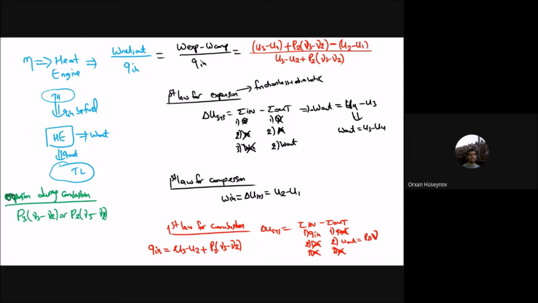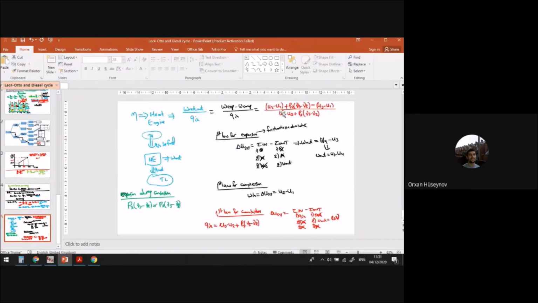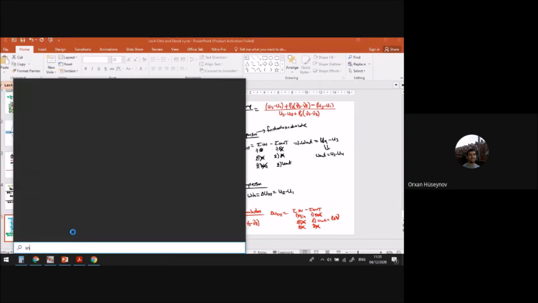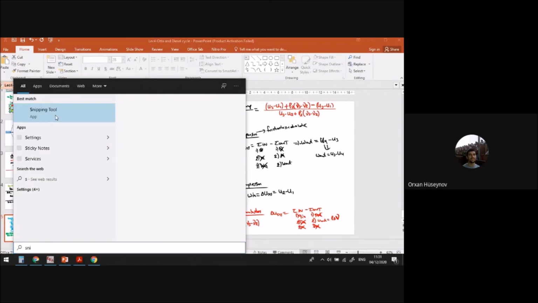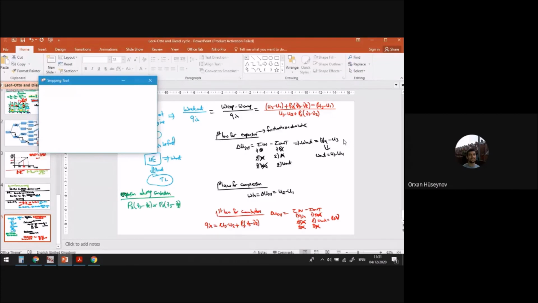Let me show you the values here. You can find values. So this is the formula.